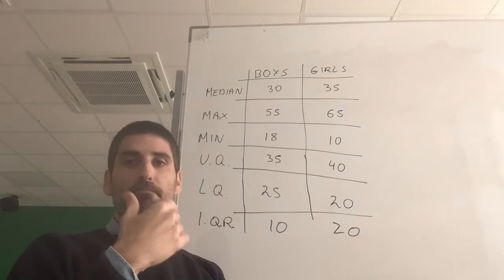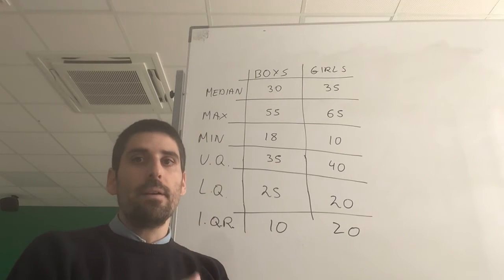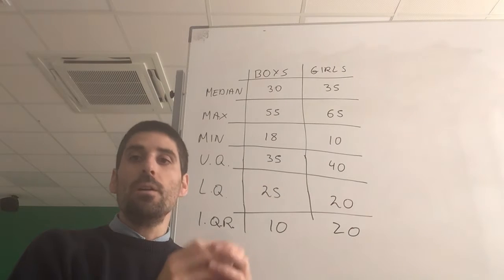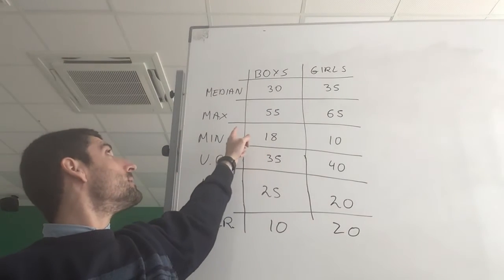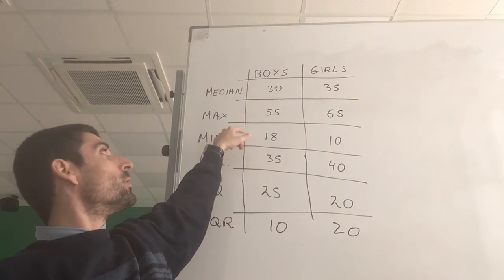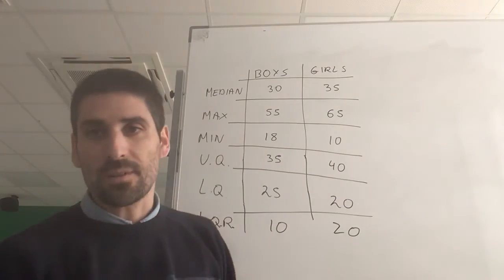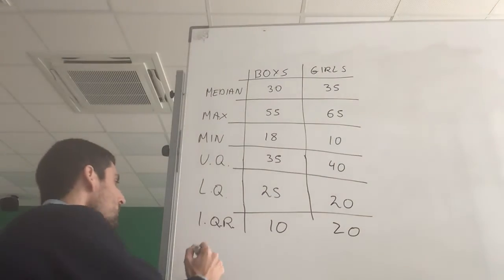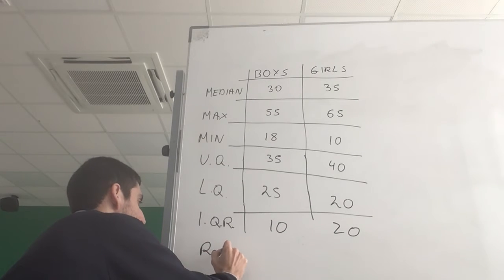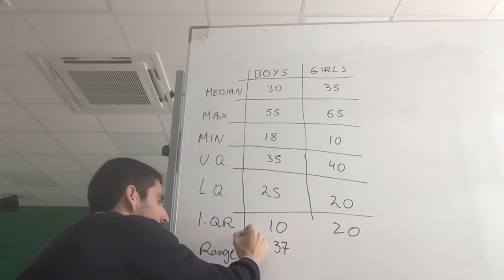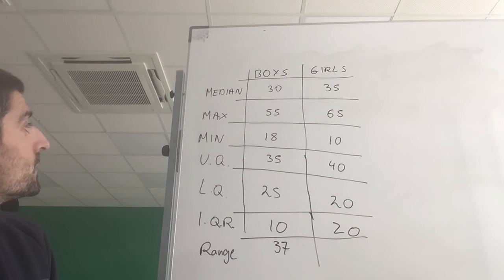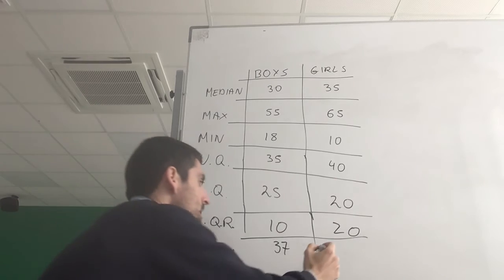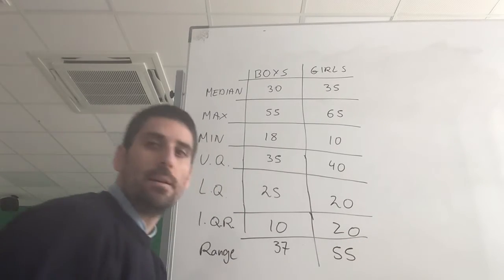An option that you could have is to talk about the range as a whole as well for the second mark. So for the second comparison point, you could find the range for the boys, which is 37. So let's write it down. And the range for the girls was 55.